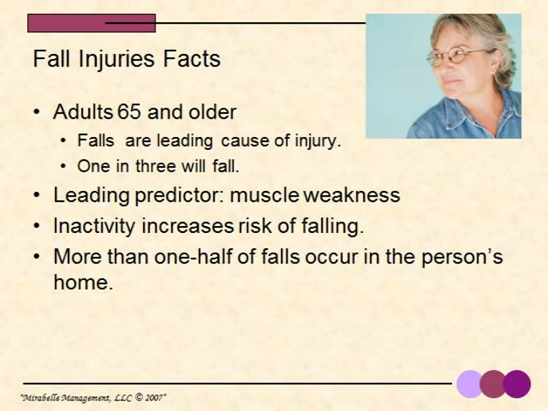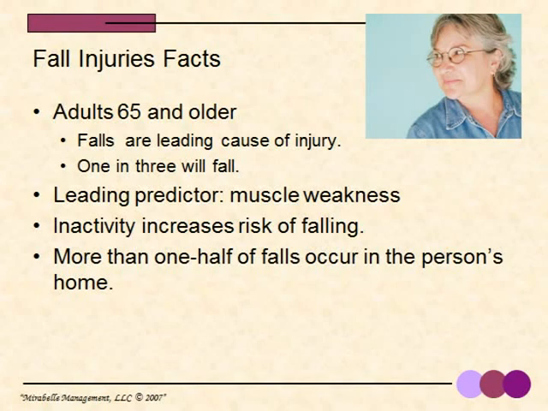The next few slides list some of the major causes of falls of older adults as reported by the Minnesota Safety Council and the CDC. Falls are the leading cause of injury among individuals who are 65 years of age and older. Each year, 1 in every 3 adults age 65 and older falls.